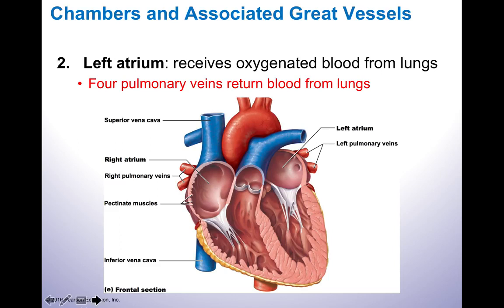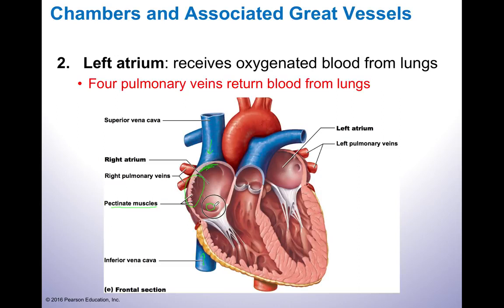Here is a picture that our focus is on. Right here, you have the superior region of the right atrium I was talking about. It's relatively smooth. At the bottom part, you see these ridges called the pectinate muscles. You have the superior and inferior vena cava emptying here.